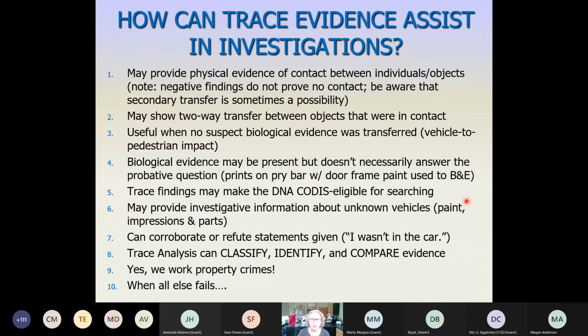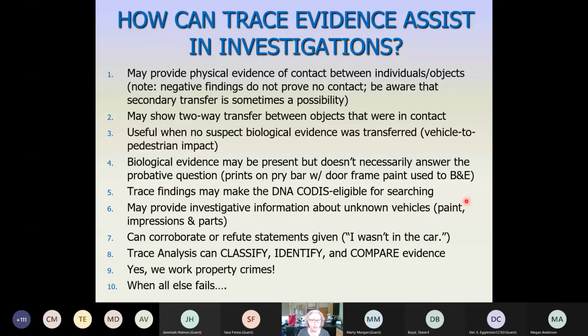We've had multiple cases where the alibi of a person of interest is that they weren't in the car, they had loaned their car to someone else when it was in some kind of incident, and finding glass from the car on their clothing is a finding that would refute that statement, because just driving the car in a normal circumstance isn't going to shed windshield glass onto their clothing. That windshield glass would only be able to be transferred during the breakage or after the fact.